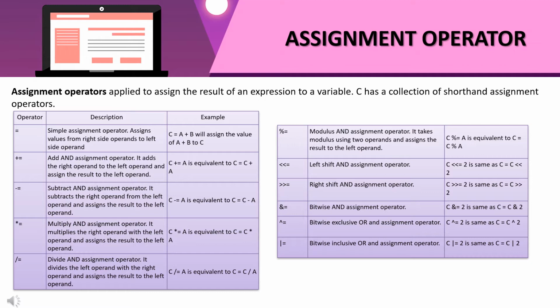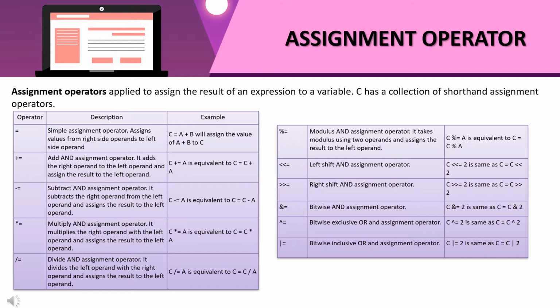Next, the modulus equal to. It gives us the modulus and assignment operator. It takes modulus using two operands and assigns the result to the left operand. That is, C modulus equal to A is equivalent to C equal to C modulus A. Now this operator is the left shift and assignment operator.